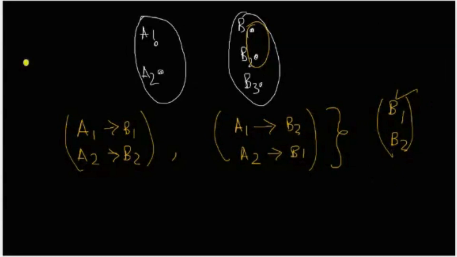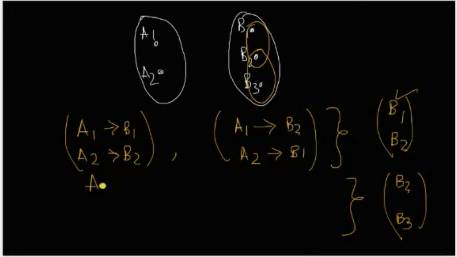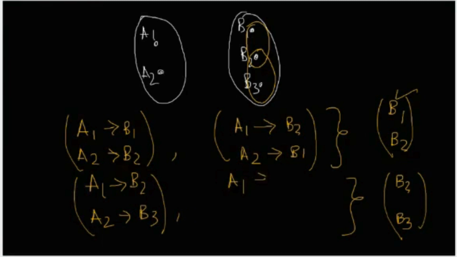The next case is where I'm considering B2 and B3 as the next two elements which I want A1 and A2 to be mapped to. For this, we will have A1 goes to B2 and A2 goes to B3, and A1 goes to B3 and A2 goes to B2.